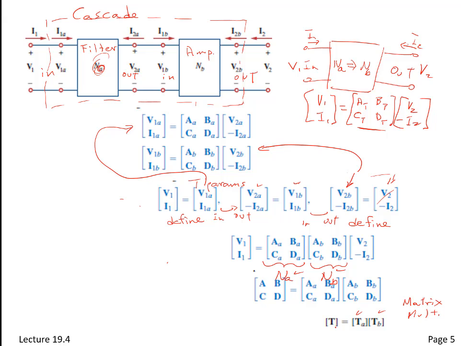If I treat the parallel admittance parameters as admittance parameters and sum them because they're in parallel, I have simple mathematics. I don't have to get into complex mathematics when I am combining networks in series, parallel, or in cascade. Okay? And I will conclude chapter 19 with this.